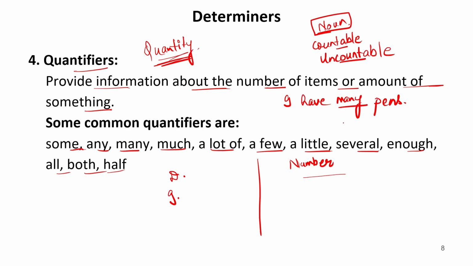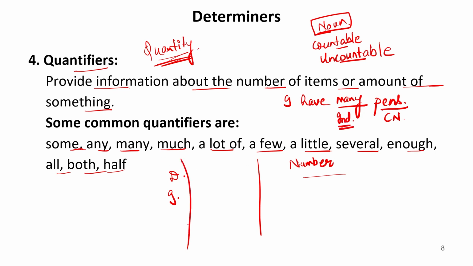Well, many is used with countable nouns. But the word many, is there any specific number behind it? Can you tell me how many pens are there? If I'm just saying many, are they 5? Are they 4? Are they 100? How many? No one knows. So this is indefinite structure.